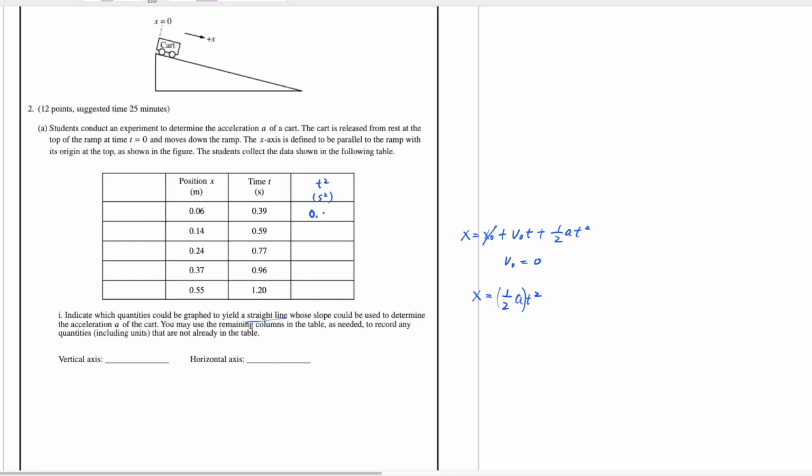That's 0.152. 0.59 squared, that's 0.348. 0.77 squared, it's 0.593. 0.96 squared, that's 0.922. 1.2 squared, that's 1.44. Okay, so the vertical axis should be x, and the horizontal axis should be t squared.